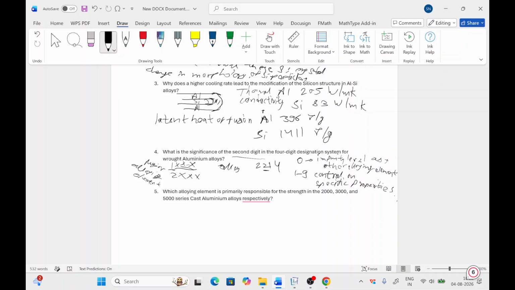Like if we want higher ductility, we can reduce the elements which increase the brittleness in the aluminum alloy, and inhibit the formation of compounds which lead to catastrophic failure during service. So the 1 to 9 represents emphasized control on the composition to control specific properties. So the second digit represents variation in specific alloy.